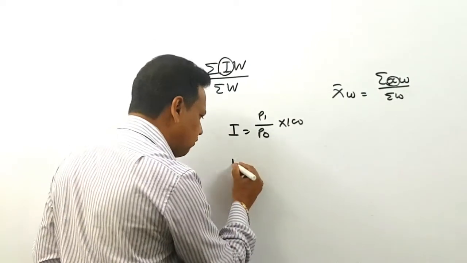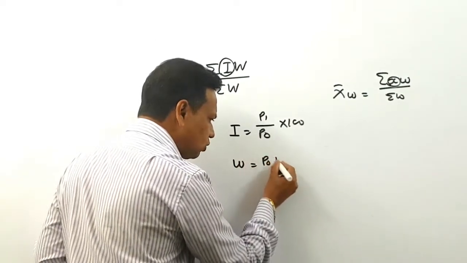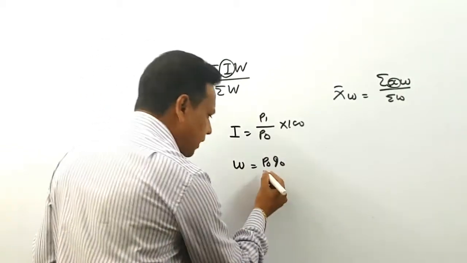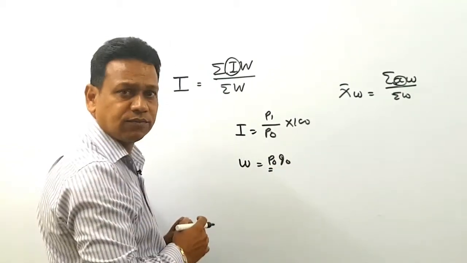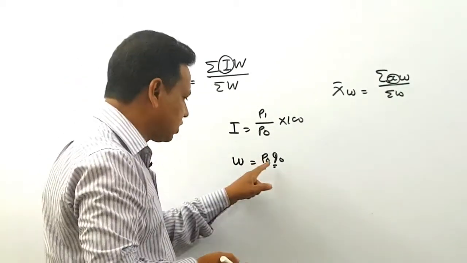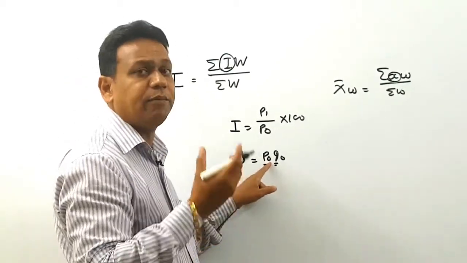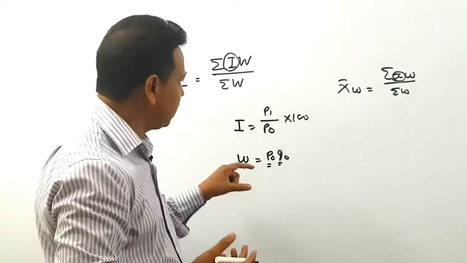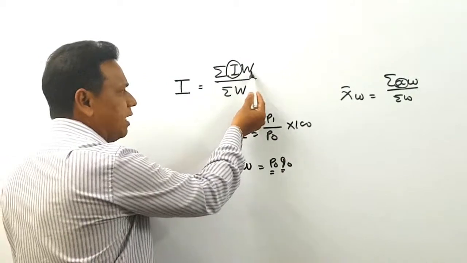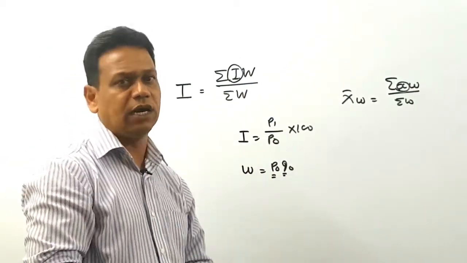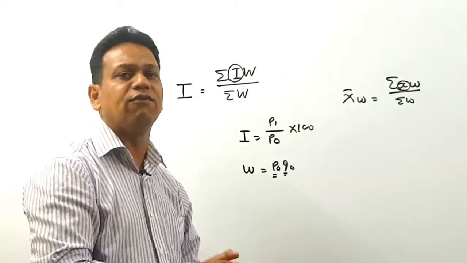If it is not available, we have to use the product of P0 into Q0. P indicates the price, Q indicates the quantity we consume, and 0 indicates we are taking the base year's information. So whenever they have given the two things, I and W, it is a simple indication that we have to use the weighted average method to find an index number.